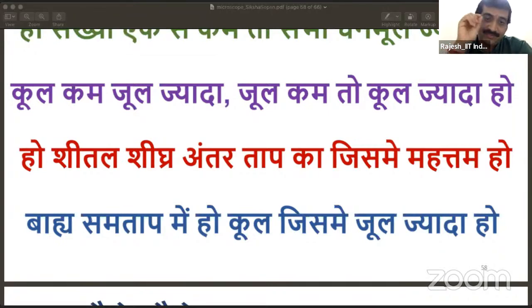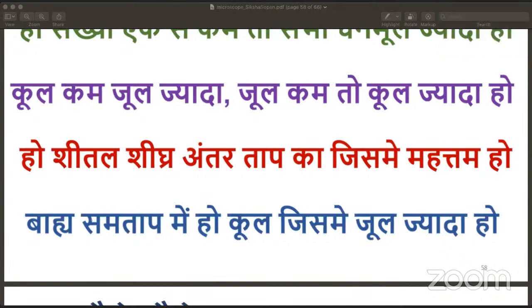From there you can calculate what would be the energy. The X-ray emitted from copper, from the K to L transition, is called copper K alpha. That is 1 angstrom. Okay sir, got it. Thank you.